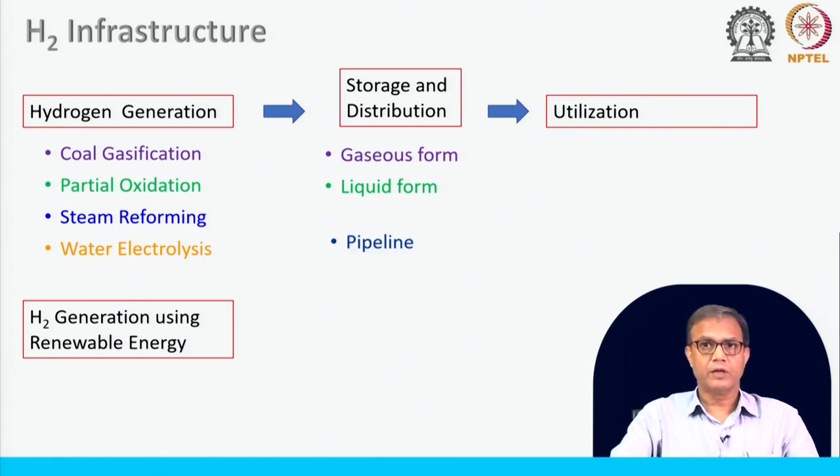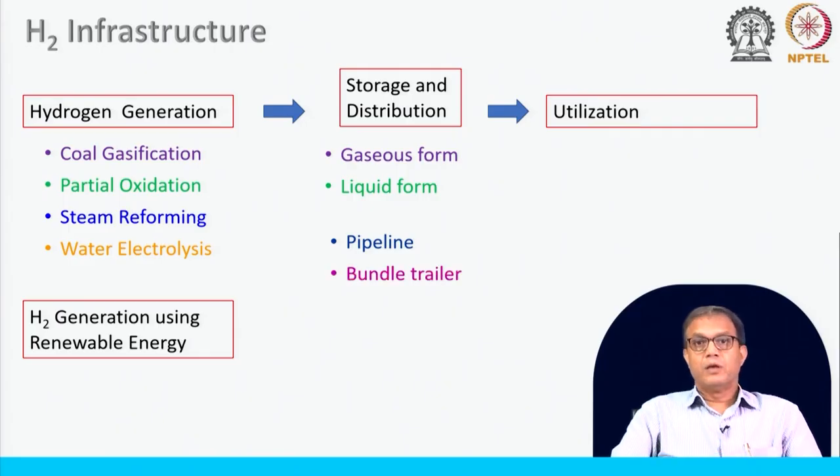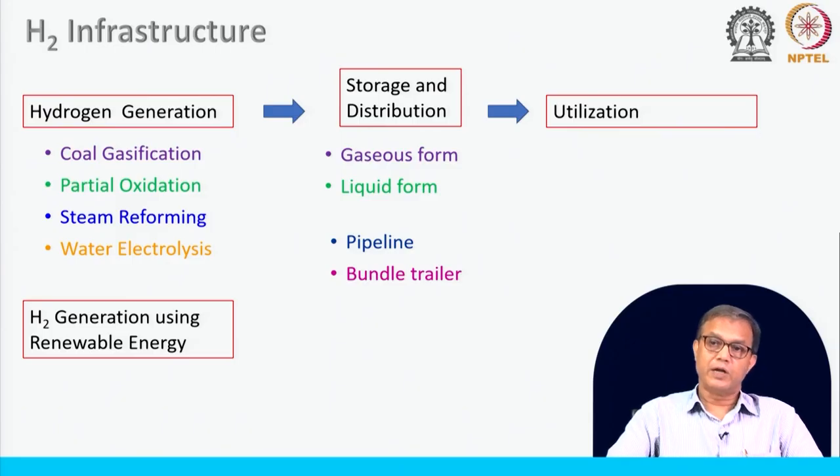If it is in gaseous form and compressed, it densifies to a certain extent, and then we can transfer it through a pipeline from one end of the country to the other. Then it can also be transferred by bundle trailer.